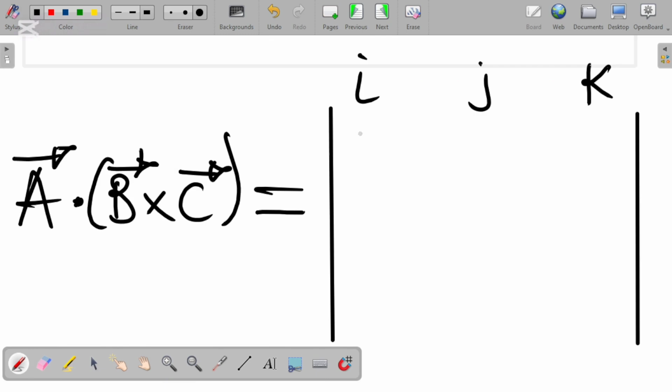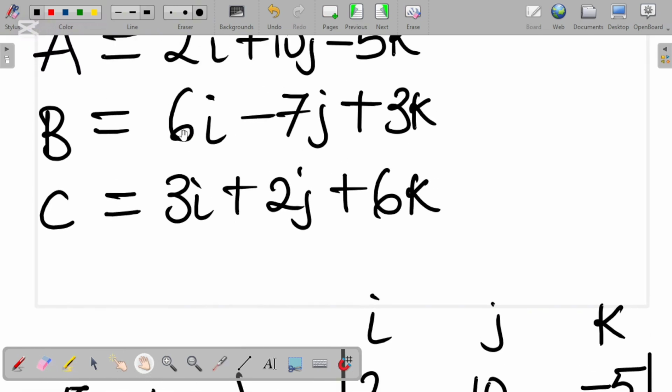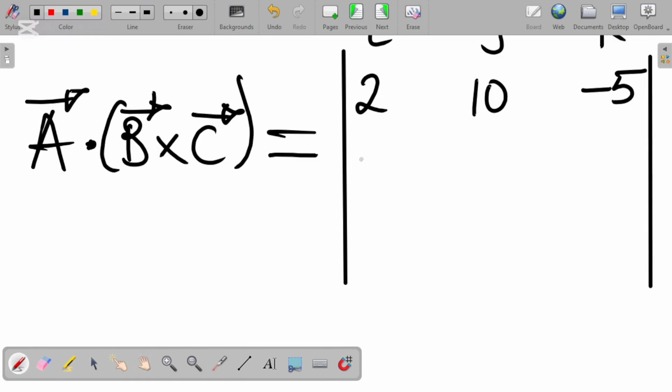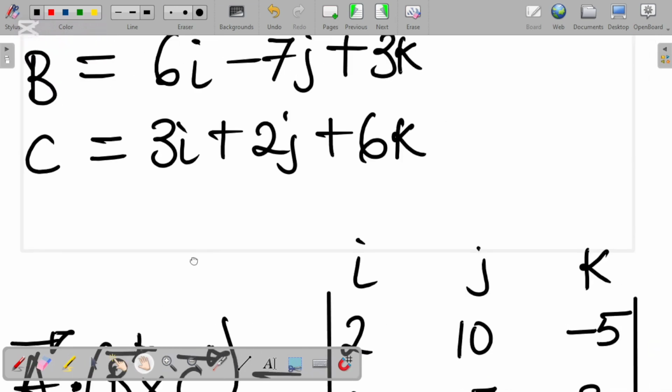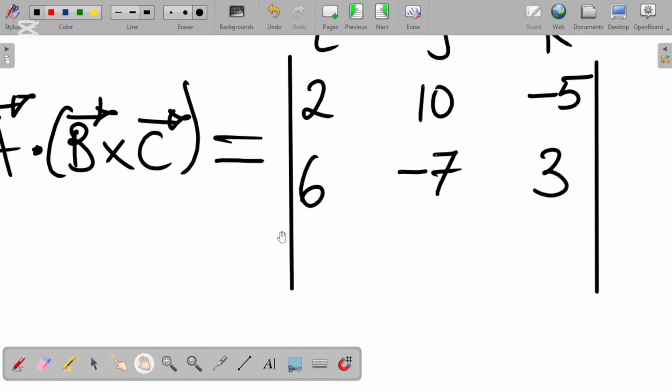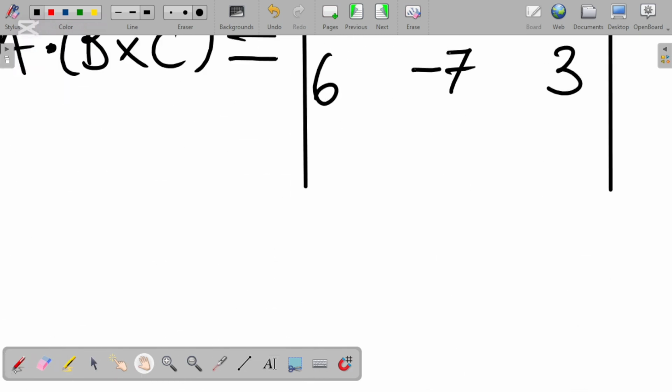So we have here 2, positive 10, and negative 5. And for B, we have 6, negative 7, and positive 3. And for C, we have positive 3, positive 2, and positive 6.